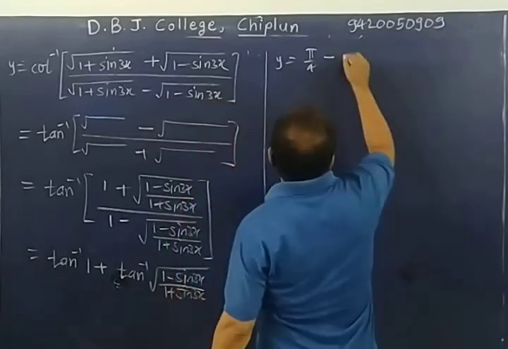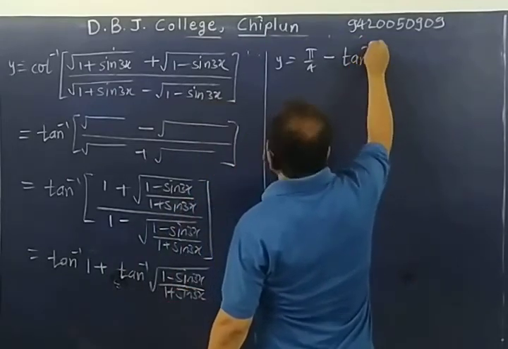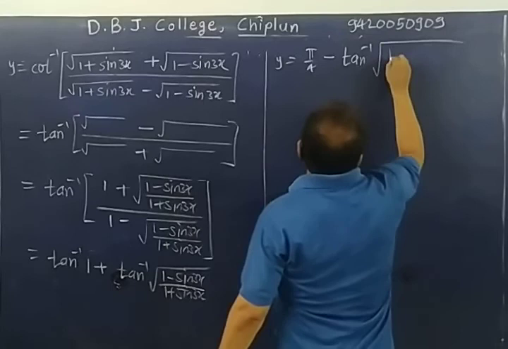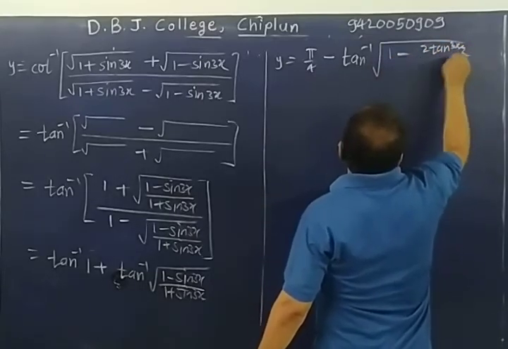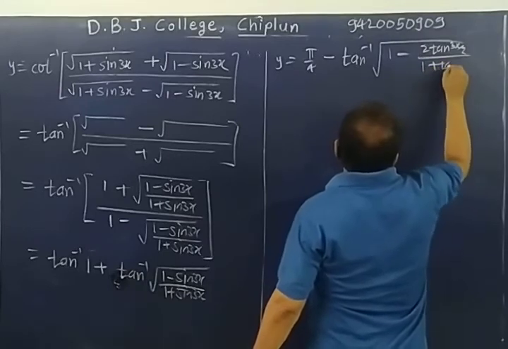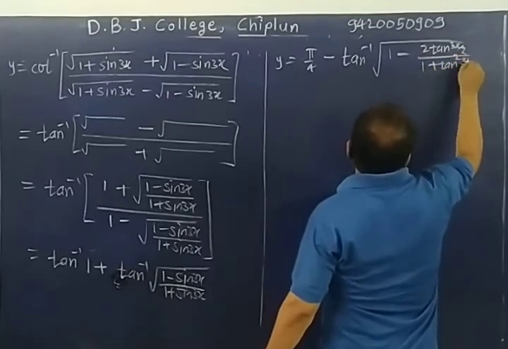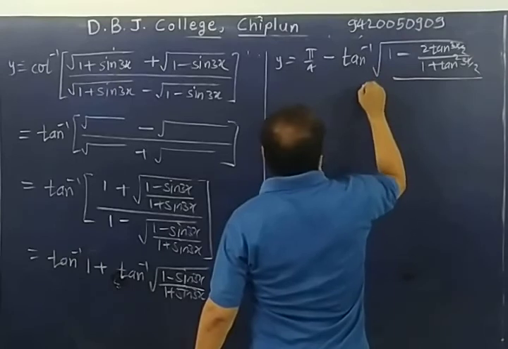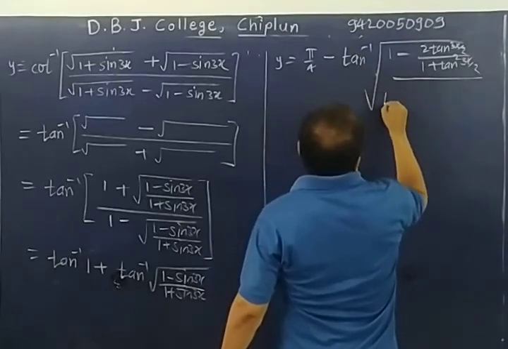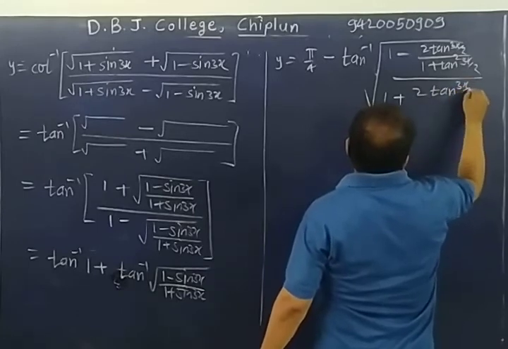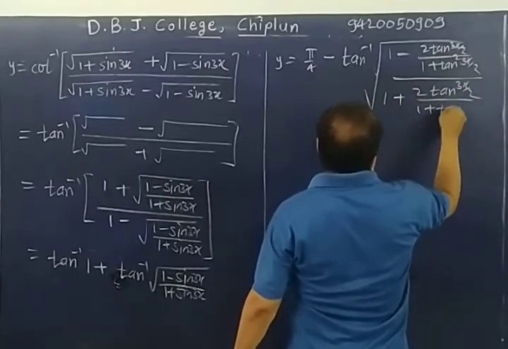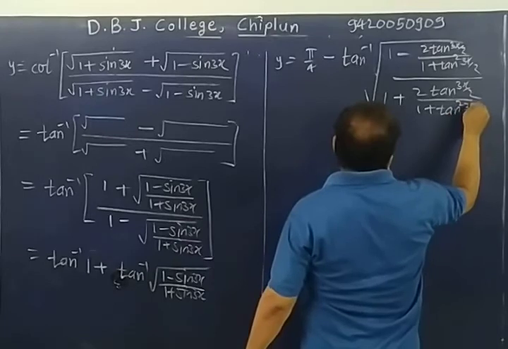Pi by 4 minus tan inverse square root of 1 minus 2 tan 3x by 2 upon 1 plus tan square 3x by 2, divided by 1 plus 2 tan 3x by 2 upon 1 plus tan square 3x by 2.